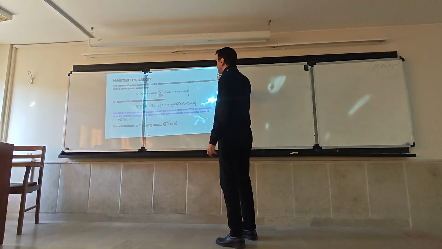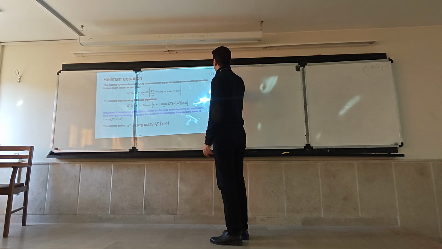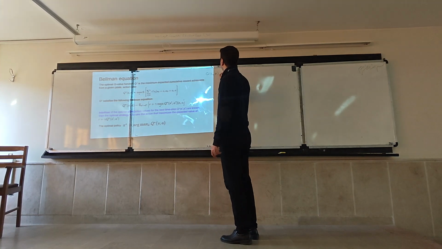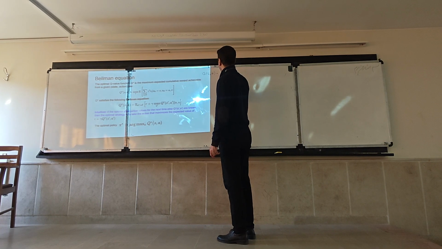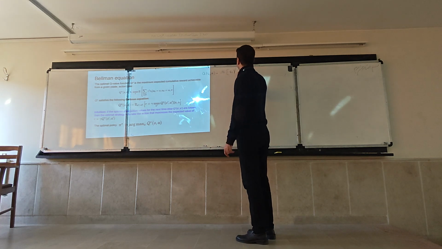So we say Q(S,A) minus reward plus gamma, we will talk about gamma, max over A prime of Q(S prime, A prime).